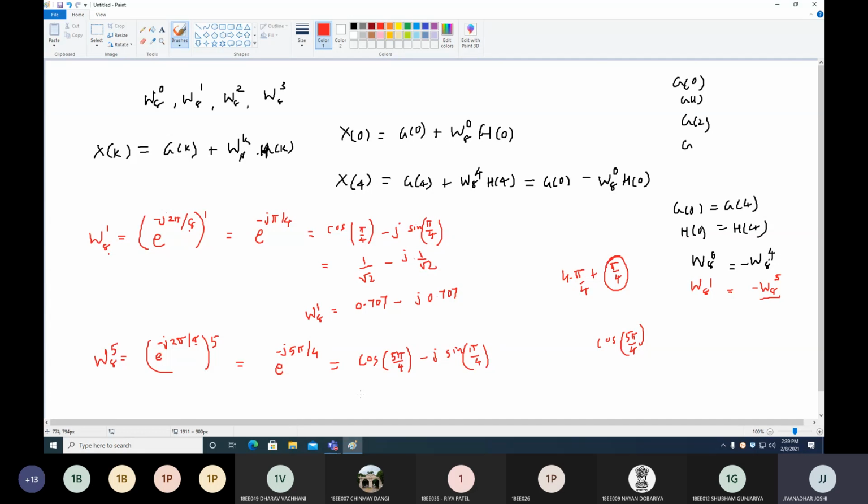This is equal to minus 1 by root 2. Is it so? Yes, sir. Cos pi plus pi by 4 is minus 1 by root 2, and find it out for sin. How much is it? Plus j 1 by root 2. So this has the opposite sign of W8 raised to 1.